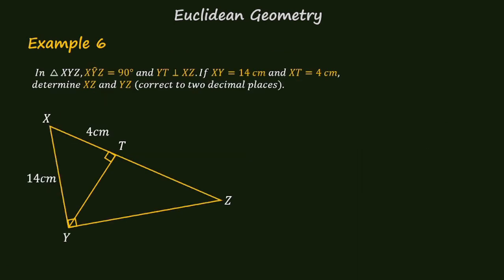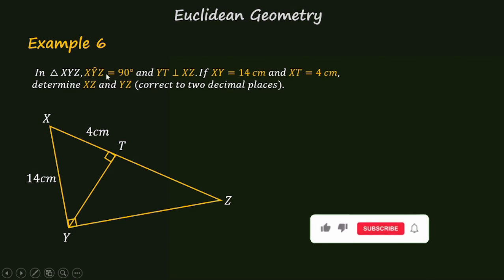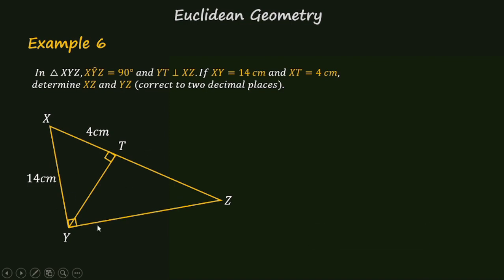In example 6, we are given triangle XYZ. We are told that Y is 90 degrees, XYZ is 90 degrees, and then we are also told that YT is perpendicular to XZ. So the two conditions of the theorem of Pythagoras are here. We have a 90 degrees and YT is perpendicular to XZ.